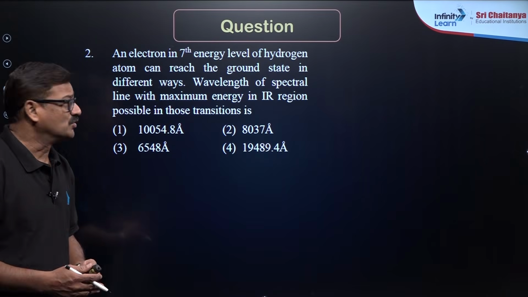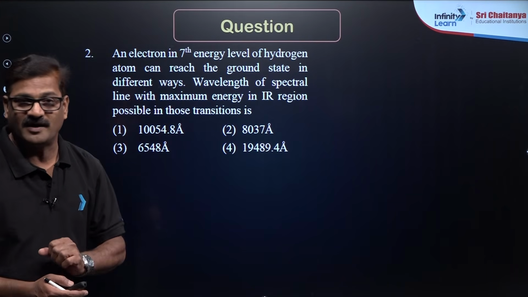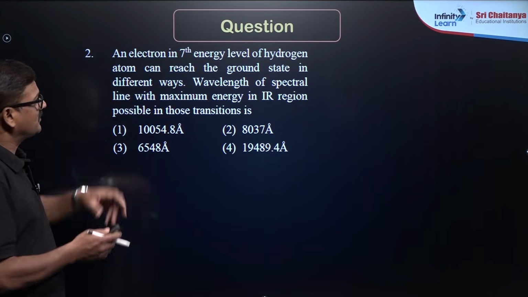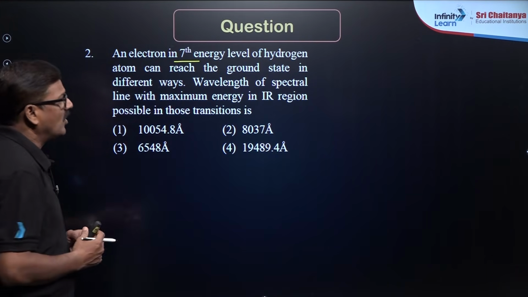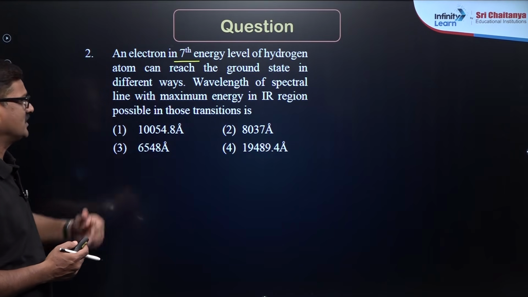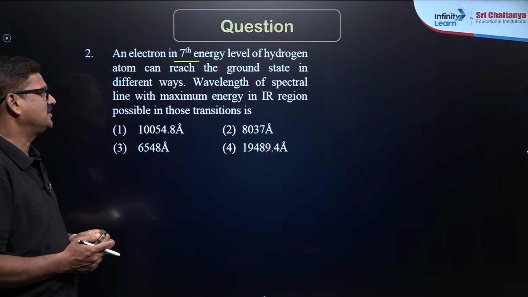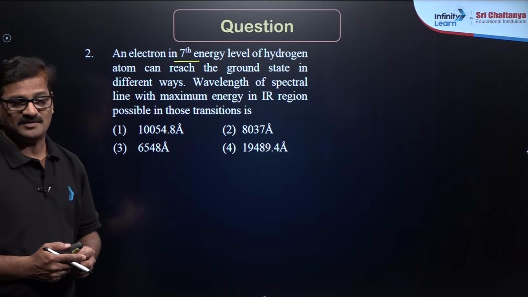Here is the question number 2. The question is asking from atomic structure, hydrogen spectrum analysis. An electron of the 7th energy level of a hydrogen atom can reach the ground state in different ways. Wavelength of spectral line with maximum energy in infrared region.